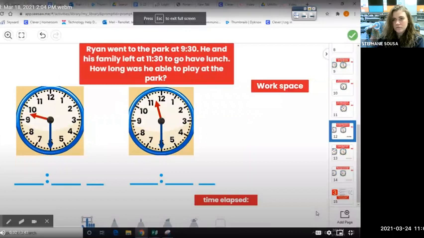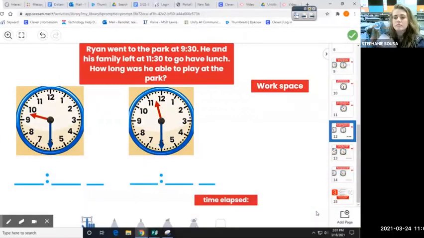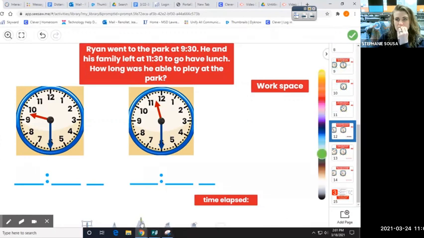Ryan went to the park at 9:30. He and his family left at 11:30 to go have lunch. How long was he able to play at the park? I notice in this situation, I have two times given, 9:30 and 11:30. I do not see a time that is elapsing, such as minutes or hours. In this type of problem, I know my start time.